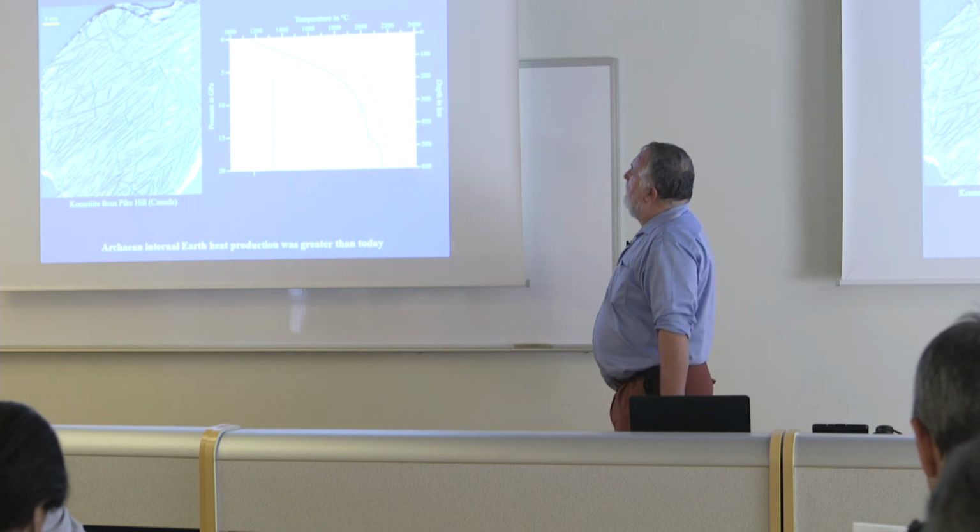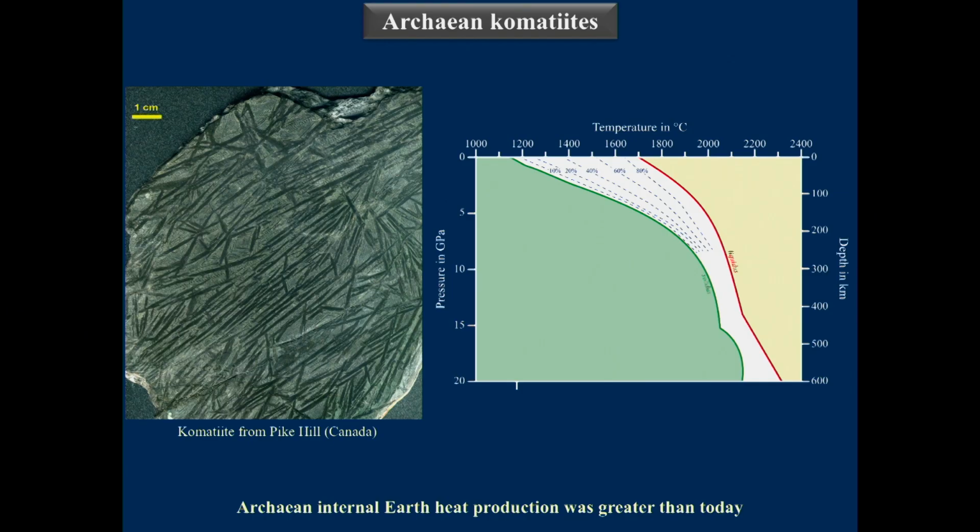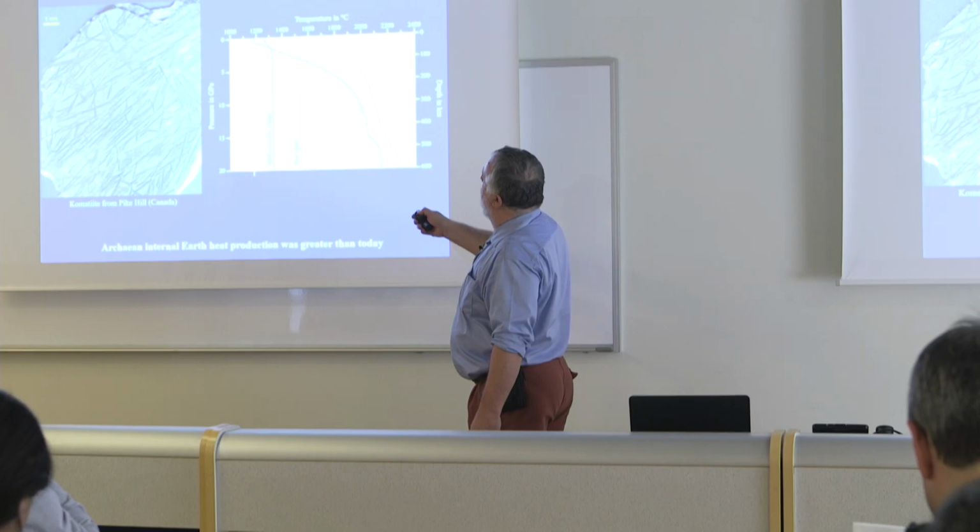If we look now at what happens today in mid-oceanic ridges, we can see that the temperature of the lava is 1,250 degrees here. If we look at what happens in hotspots, just like Hawaii or La Réunion Island, we can have temperatures of about 1,400 degrees.